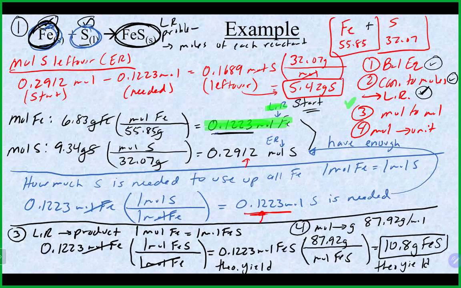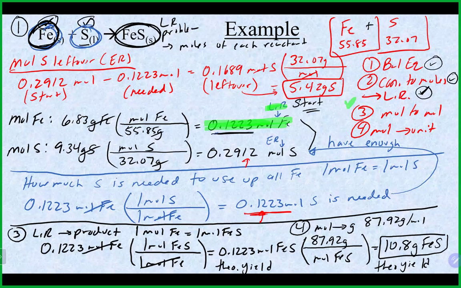In this case, we got about 5.4 left over. So roughly we used about 4 grams or so in this reaction, and we still have about 5 or so grams of that left over. Obviously, for our limiting reagent, we will have 0 left over because it gets completely used up. So you should have none of that left over. Any questions on that there?